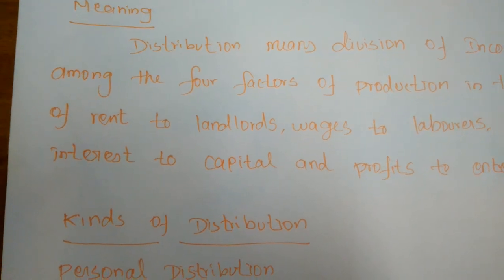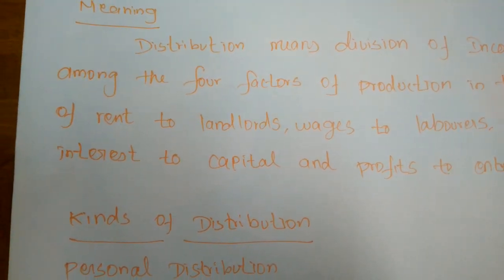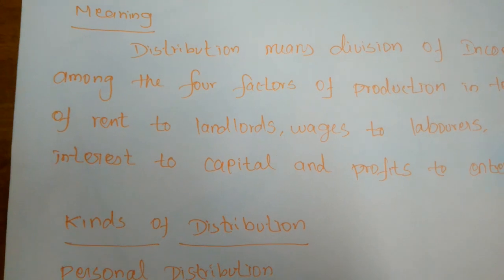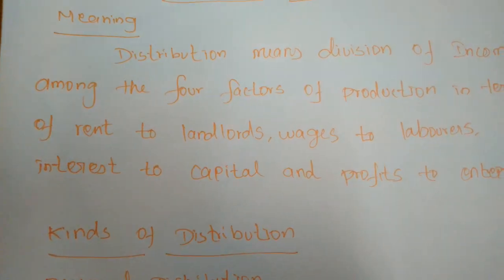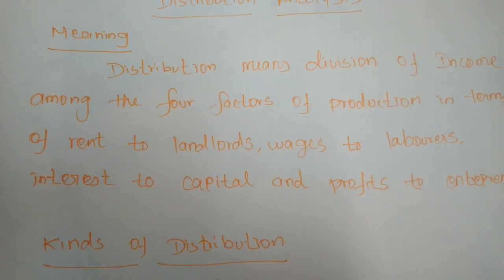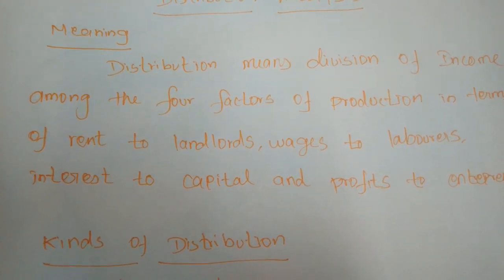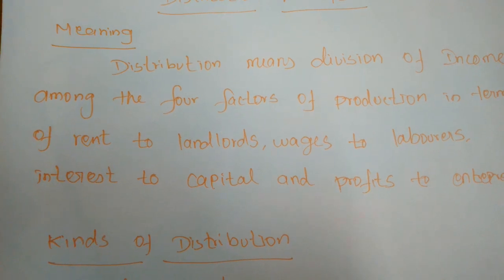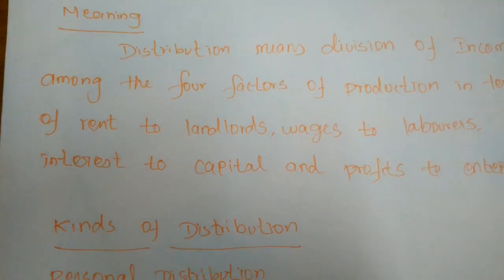The theory of factor prices is popularly known as the theory of distribution, because the profit of production is distributed among the factors of production.